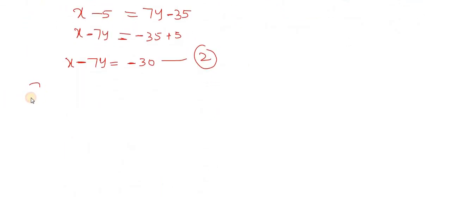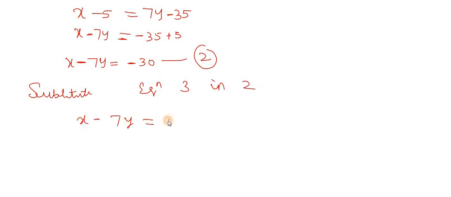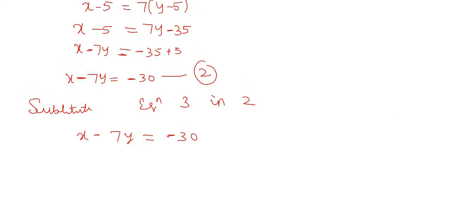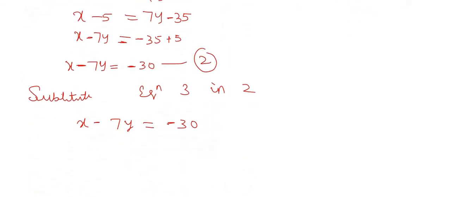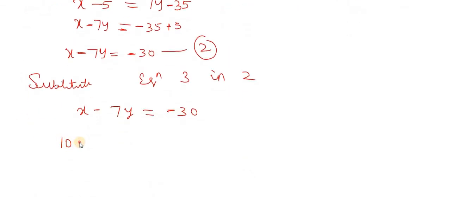Substitute equation 3 in 2. That is x minus 7y equals minus 30. Here the x value is 10 plus 3y, so 10 plus 3y minus 7y equals minus 30.